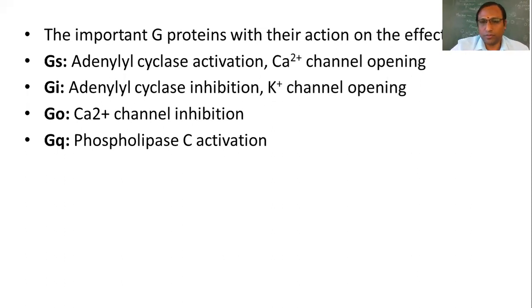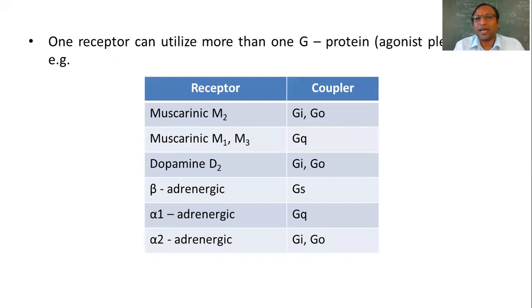So one receptor can utilize more than one G protein, agonist pleiotropy.